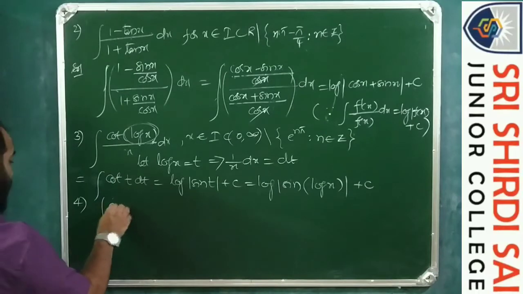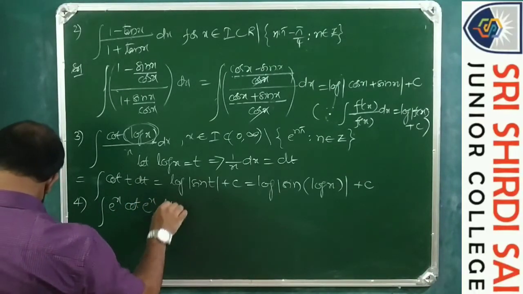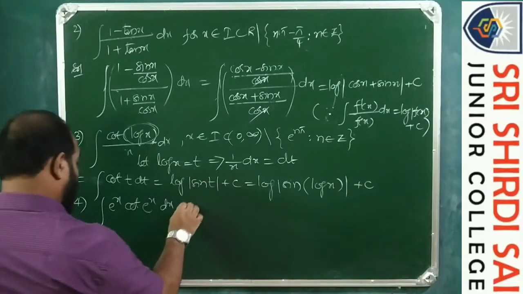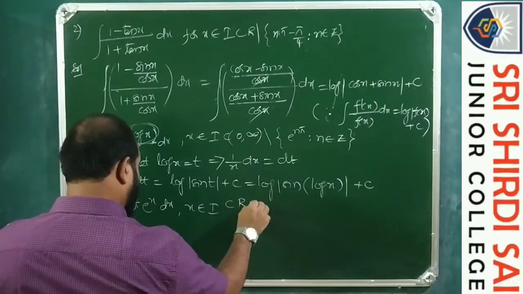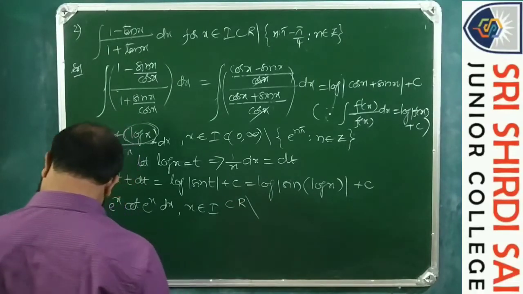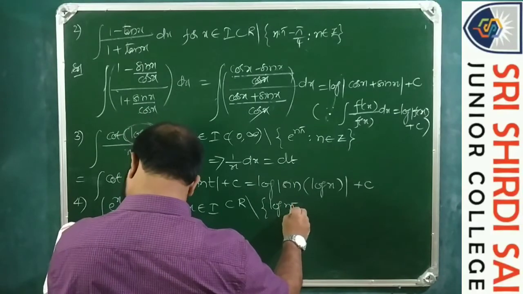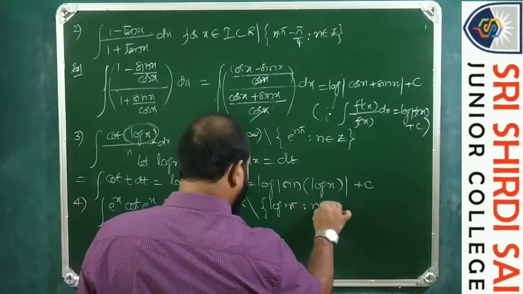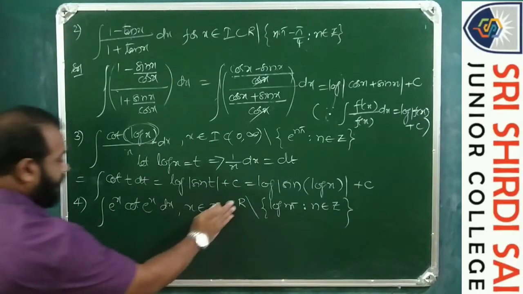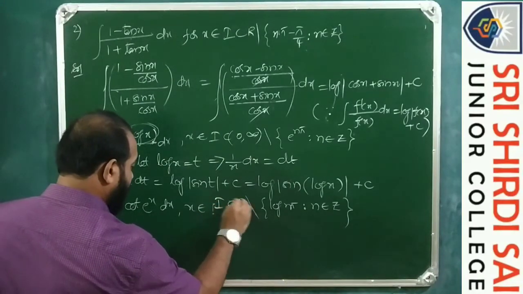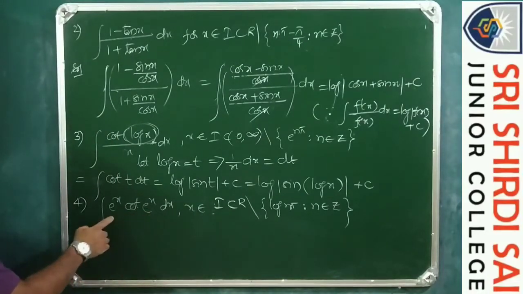Integral e power x cot(e power x) dx, where x belongs to I, a subset of R, such that x is not log of n pi, n belongs to Z. So e power x, its derivative is itself.